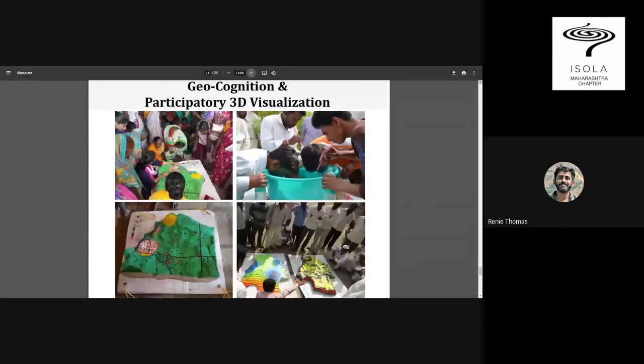Nowadays there are 3D printers, but that doesn't give the same connection, because during this process there is a lot of communication between communities from different castes, different social groups, and also, importantly, men and women have different perceptions about water.